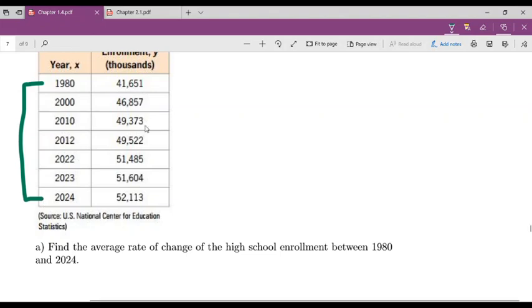Now all kinds of stuff can happen in the middle, but we're really just worried about the average rate of change between those 2 years, which means that we are going to set it up with our big division sign here. Okay, so what's going to go on top is our y's and the bottom is our x. We can see that our x's here start with 2024. The big one comes first, minus 1980.